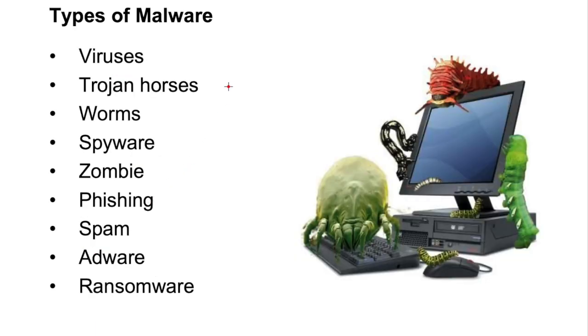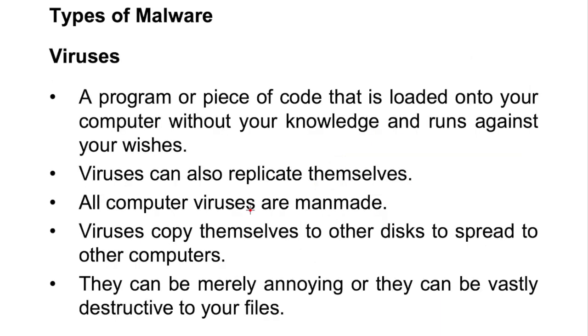So types of malware include viruses, Trojan horses, worms, spyware, zombie, phishing, spam, adware, and ransomware. So viruses: a program or piece of code that is loaded into your computer without your knowledge and runs against your wishes.